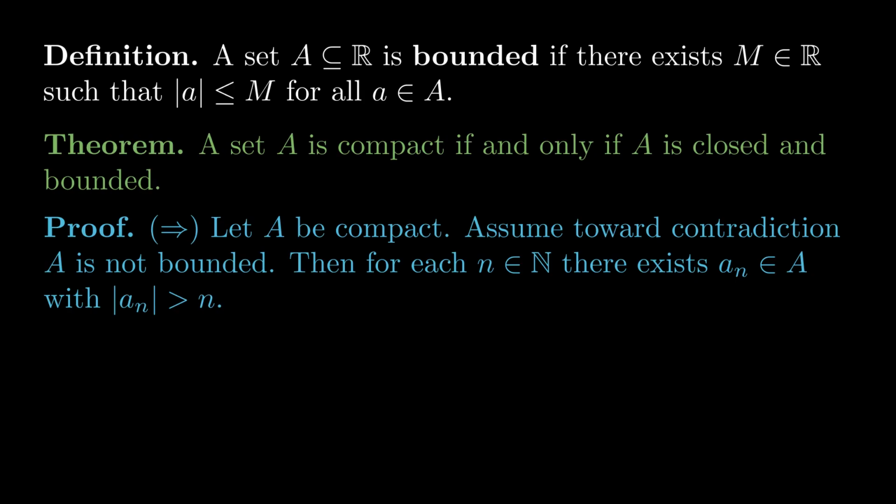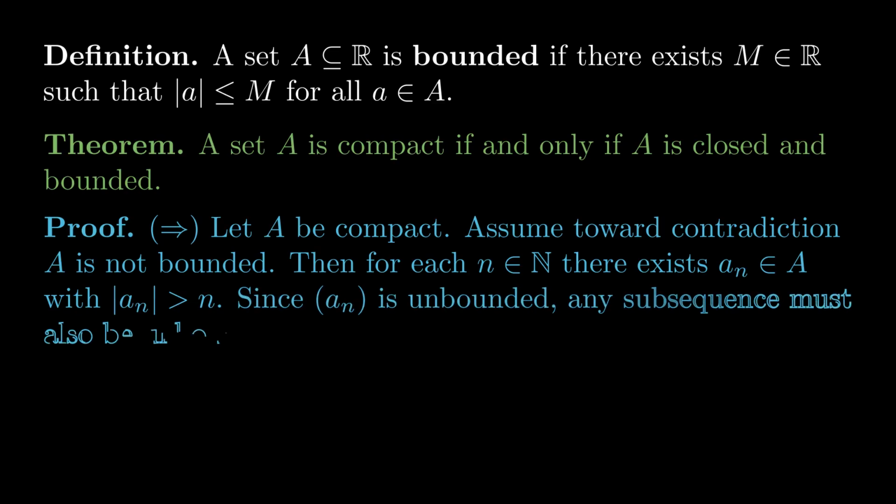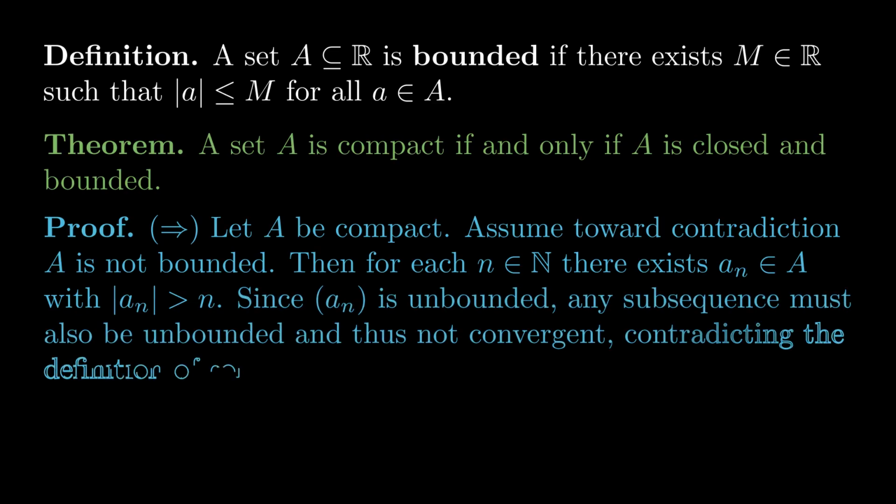We start with 1, and there has to be some element of the set with absolute value greater than 1. Then we go to 2, there has to be some element of the set with absolute value greater than 2, etc. And we construct this sequence. Any subsequence of this sequence an must also be unbounded, and thus not convergent, contradicting the definition of compact. So A must be bounded.